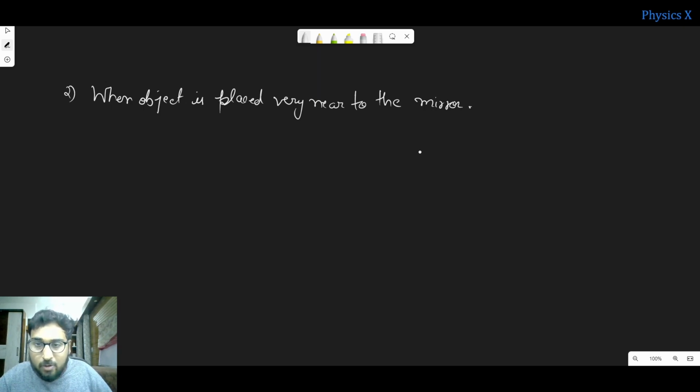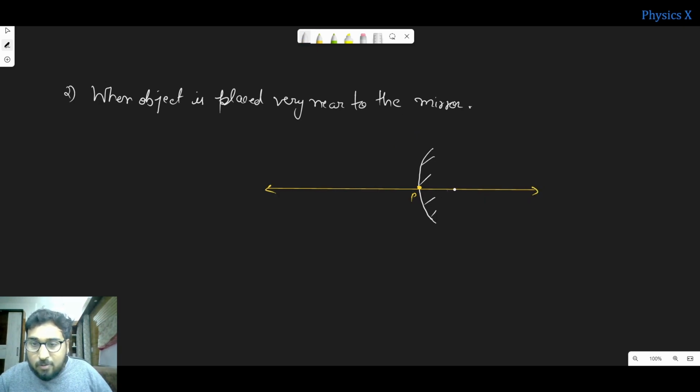Okay, so now if this is your convex mirror, let me draw a little bit bigger and more accurate diagram. So this is your convex mirror, right? And this will be your pole here, and let us mark the principal axis.